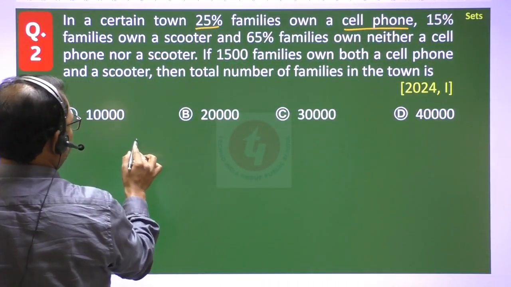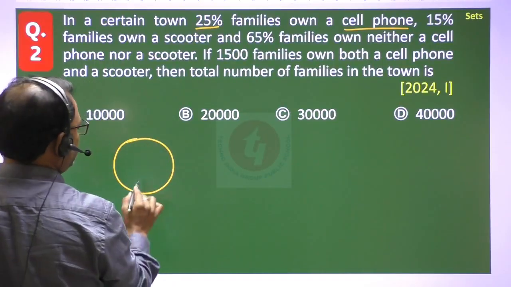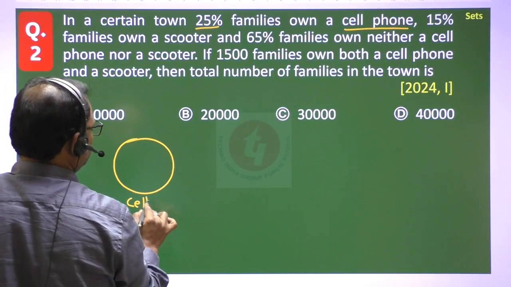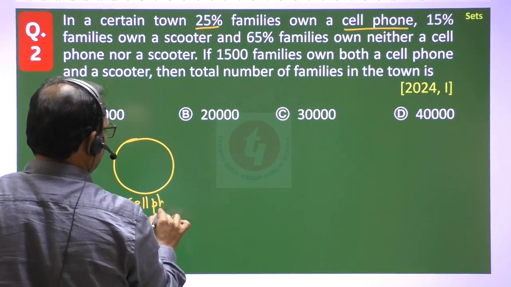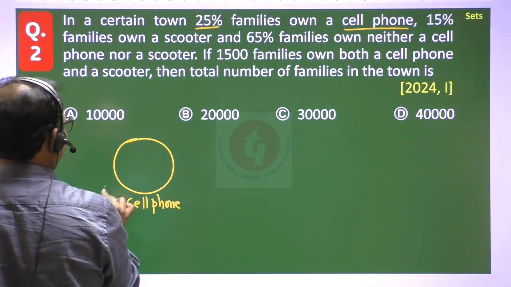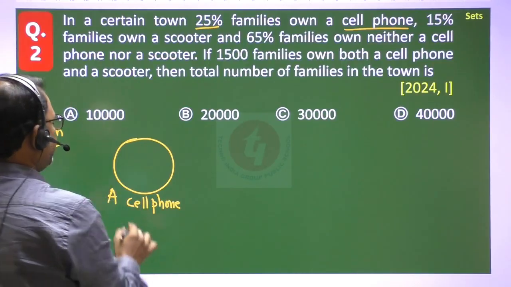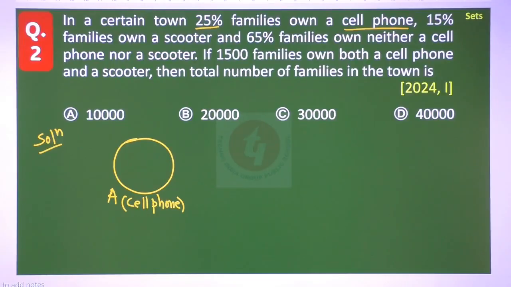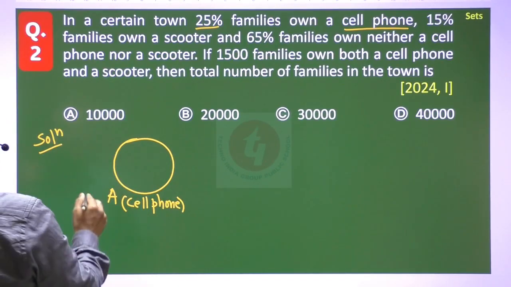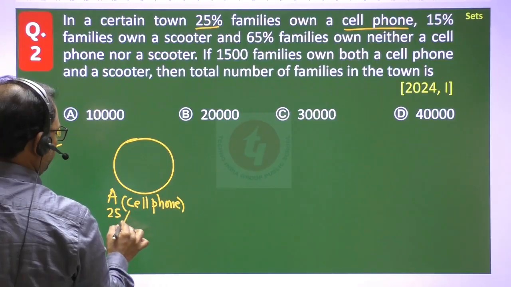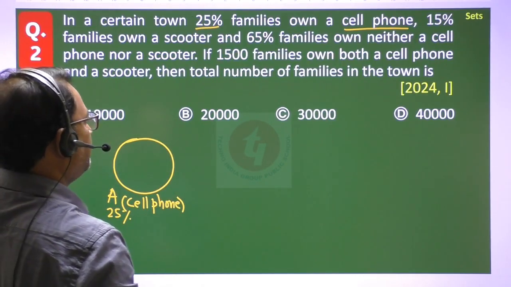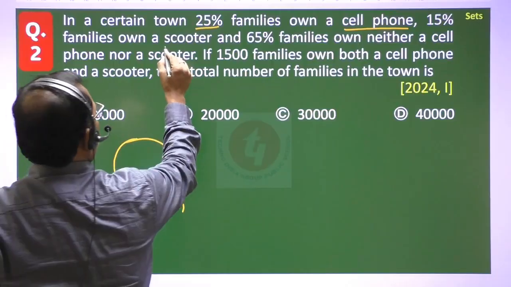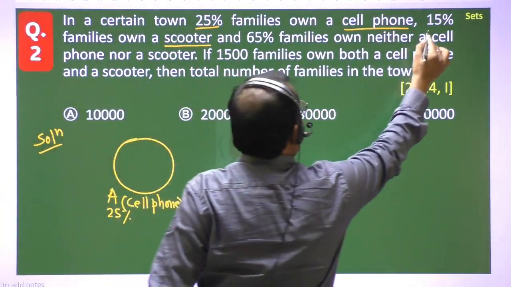So we make one set for the cell phone. This set I call set A, which indicates the cell phone. There are a total of 25% families here which have a cell phone. 15% of families own a scooter.